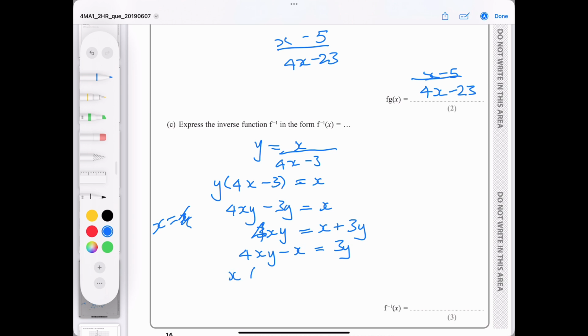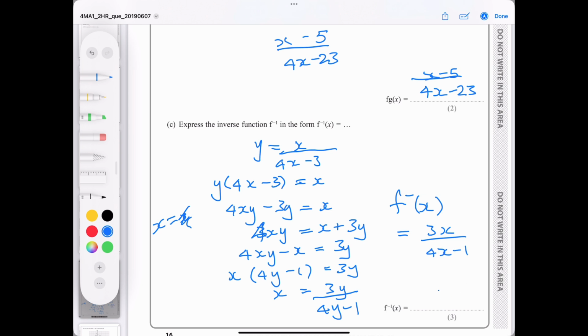So x times (4y minus 1) equals 3y, and then x equals 3y over 4y minus 1. Now we've won because we don't have any x's on the right hand side. So f to the minus 1 of x equals 3x over 4x minus 1. And that is your answer.